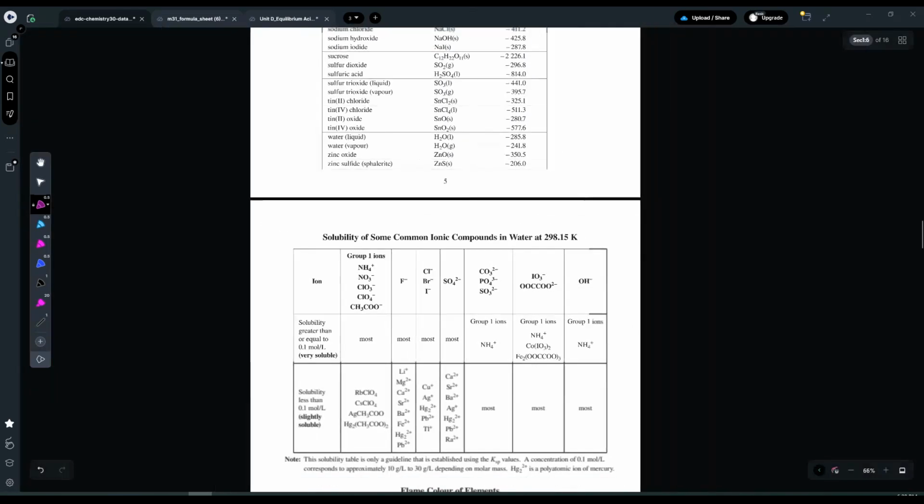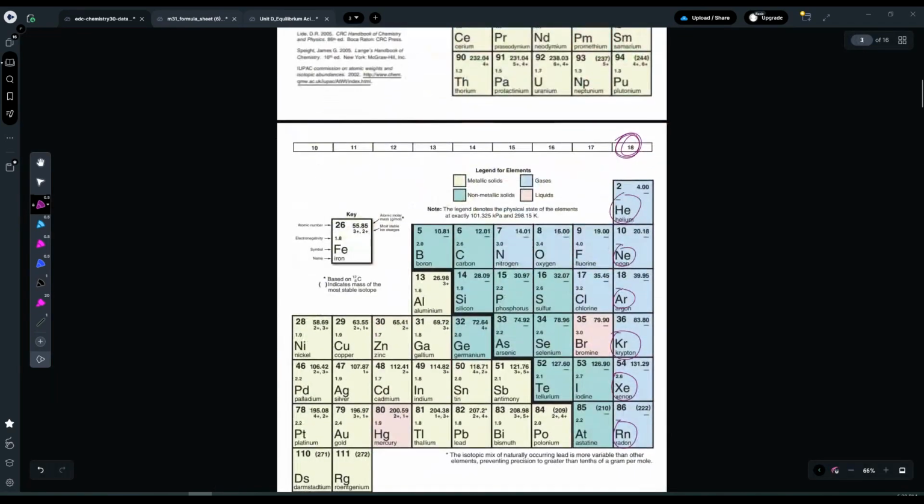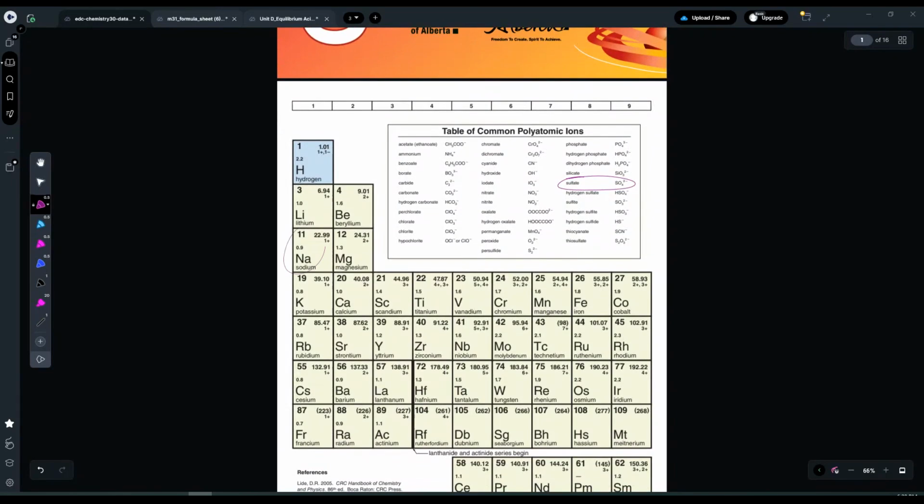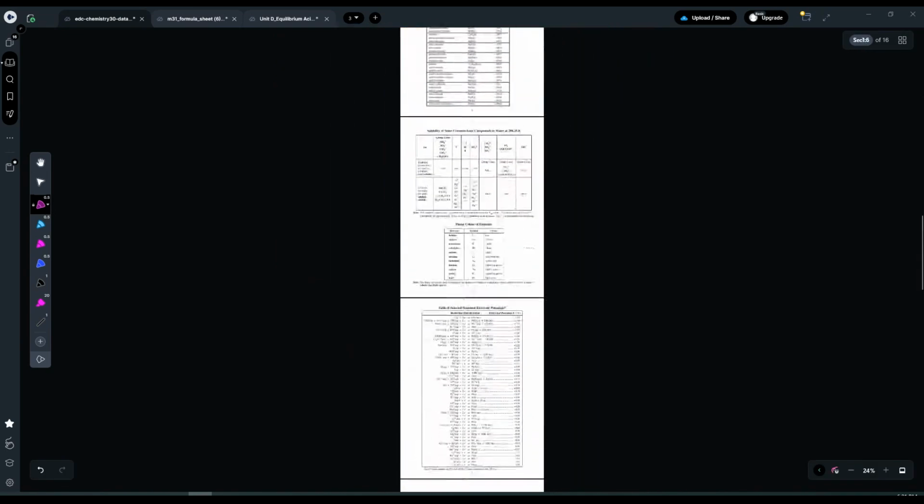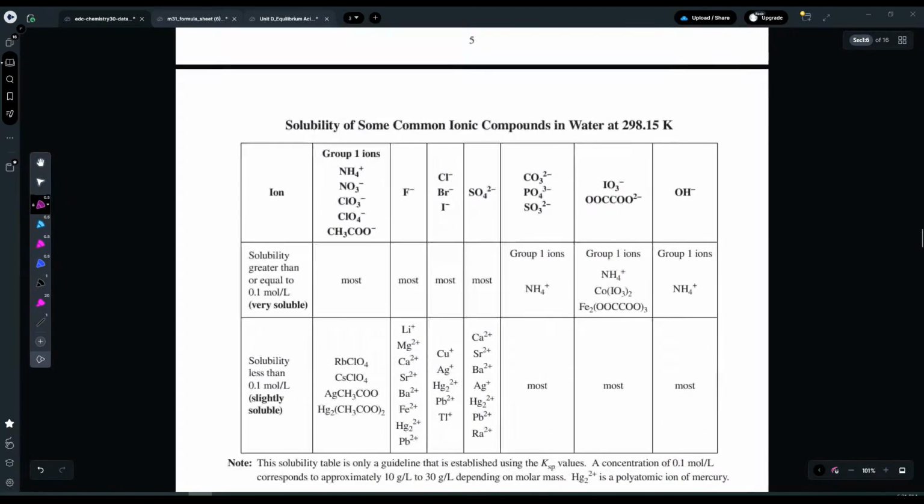Now sodium, we find sodium right here. It's a group 1 ion. So that means when I look at my solubility table, sodium hydrogen carbonate fits under group 1 ions because sodium is a group 1 ion.